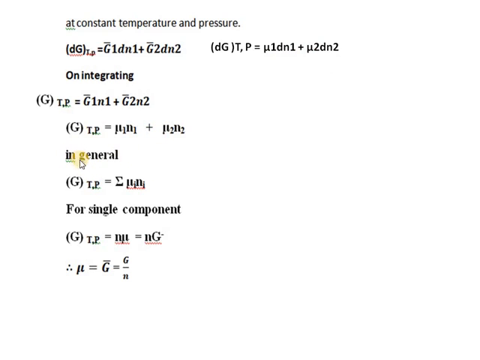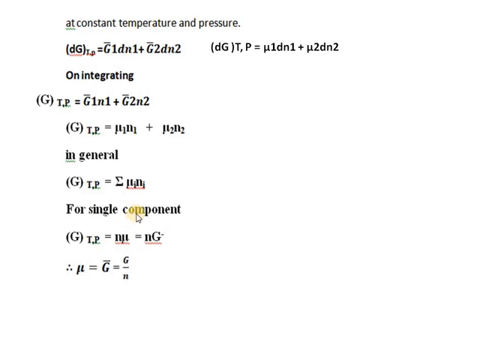But you know that in general the free energy G at constant temperature and pressure is equal to the summation of mu i into Ni.